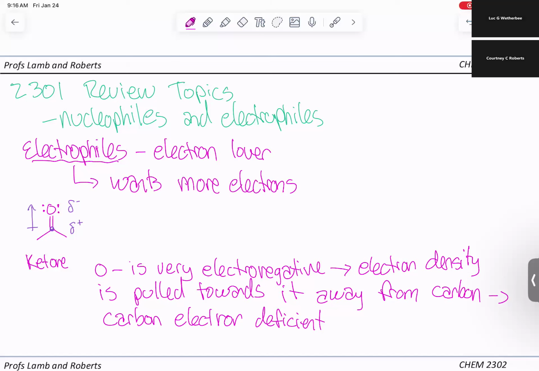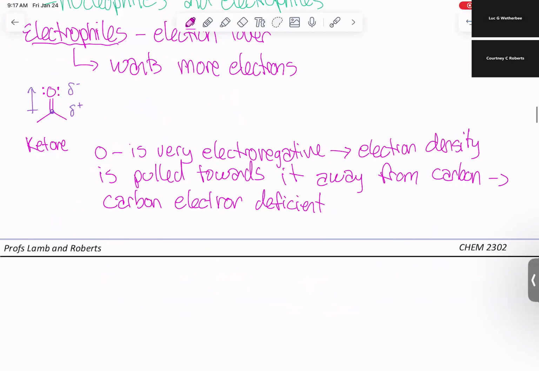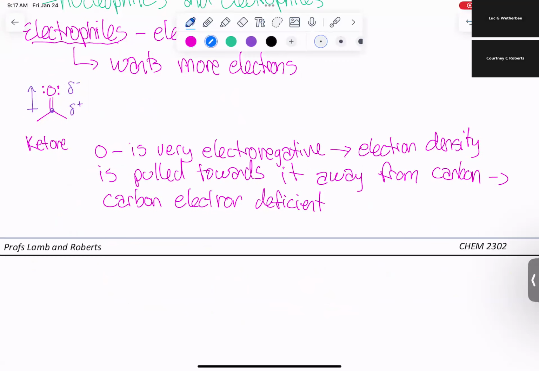Okay, so if we have an electrophile, we likely need to start thinking about what is the nucleophilic position, because actually this particular molecule can react as both an electrophile as well as a nucleophile. All right, so nucleophiles we're going to identify as something that has a lot of electron density and is capable of giving it up.